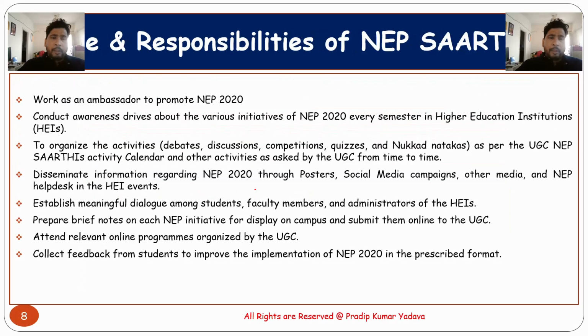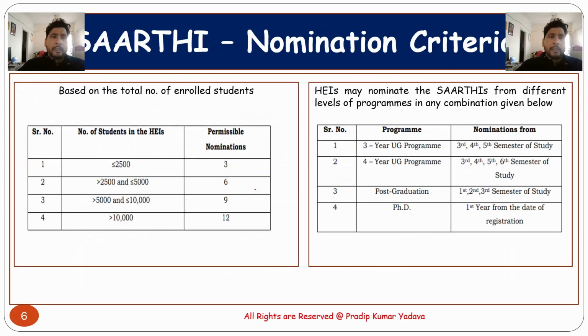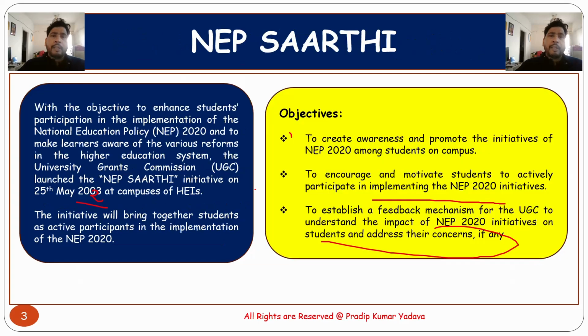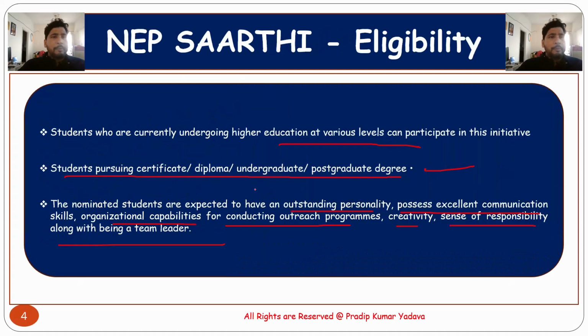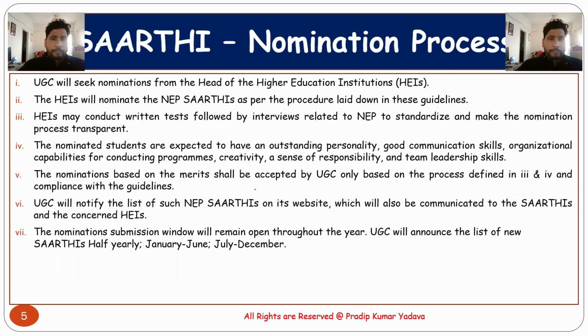The main objective of NEP Sarthi is to make students aware about NEP 2020 and also help organizations to implement NEP 2020. And also, what is the eligibility criteria? Firstly, the NEP coordinator asks for nominations from the departments.